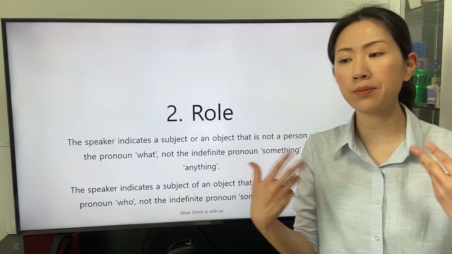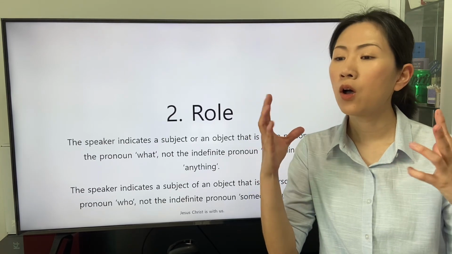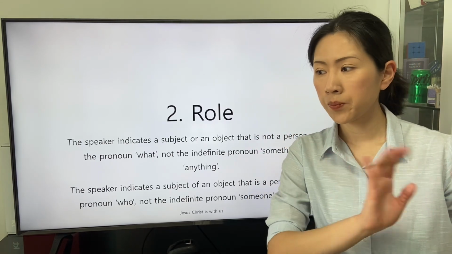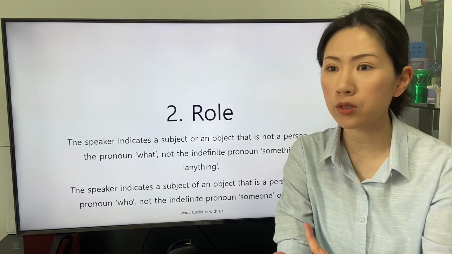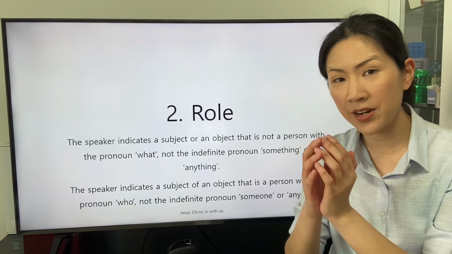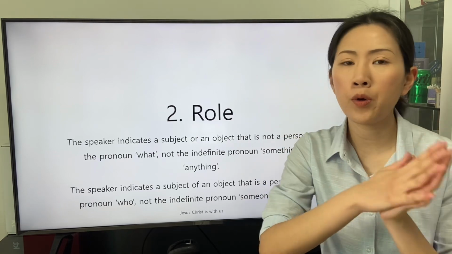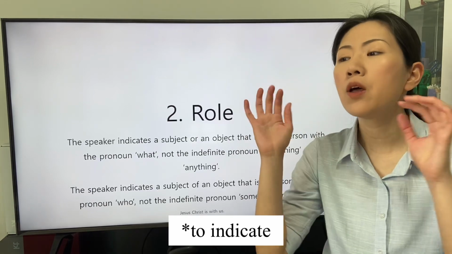The speaker is able to describe a person in the main clause with the descriptive word for the indefinite pronoun someone or anyone to the person.